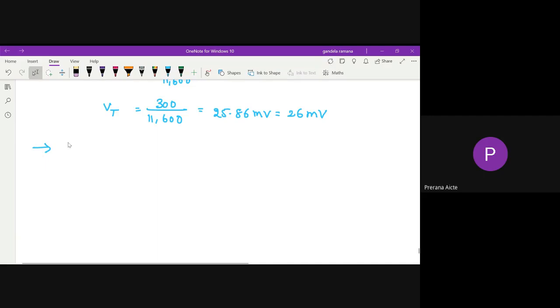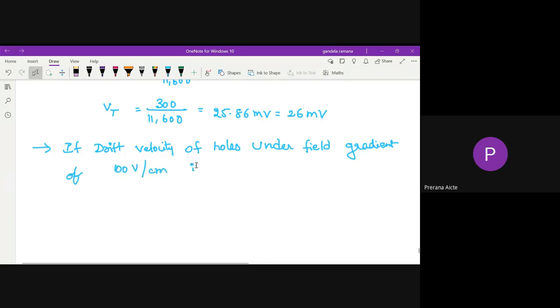See the problem. If the drift velocity of holes under a field gradient of 100 volts per centimeter is 5 meters per second, what is the mobility?